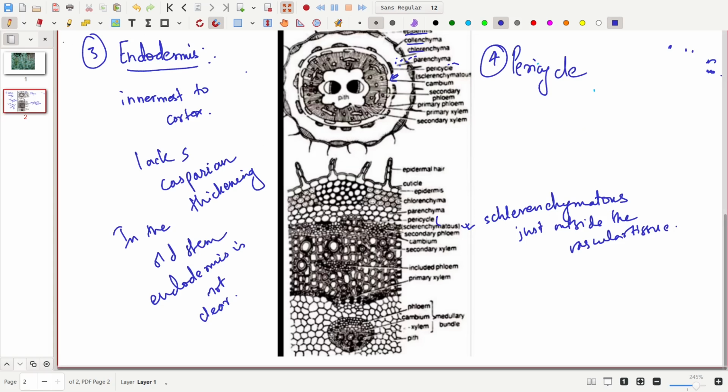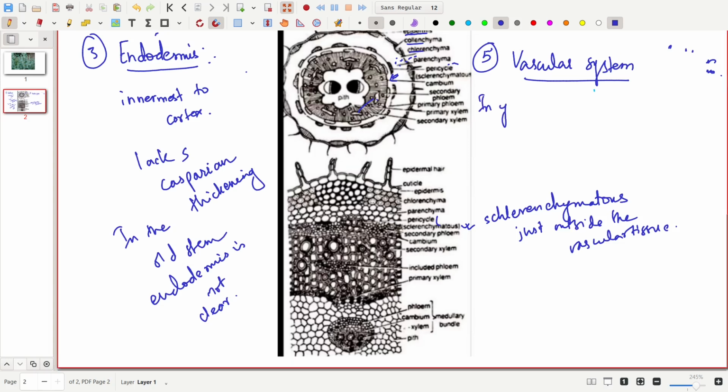Now the important one is the vascular system. The vascular system in the young stem and the old stem consists of different things. Let's discuss the young stem first.